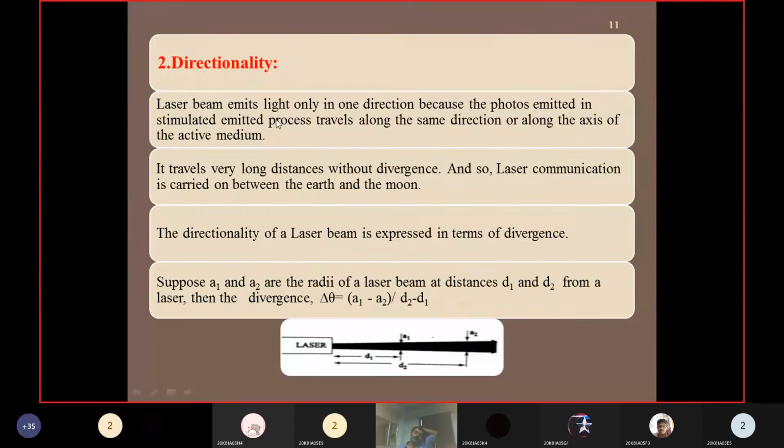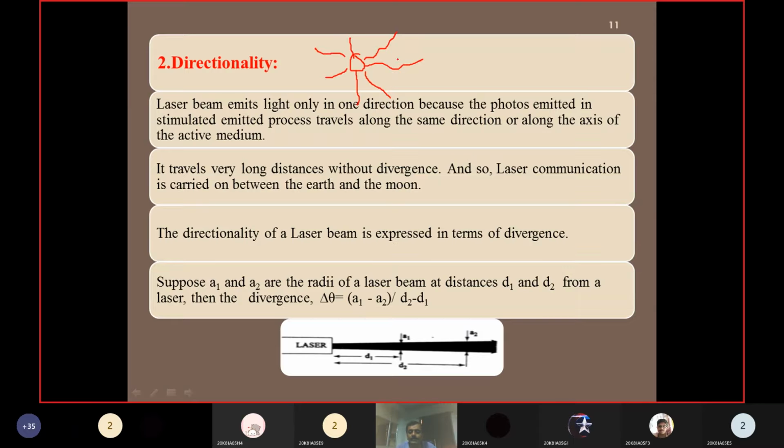Now coming to directionality. The laser beam emits light only in one direction, because the photons emitted in the stimulated emission process travel along the same direction, along the axis of the active medium. Already I said that. If you take ordinary light, it is emitted in different directions, in all directions.